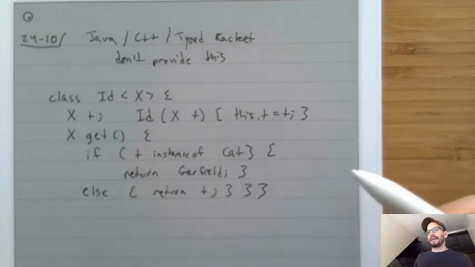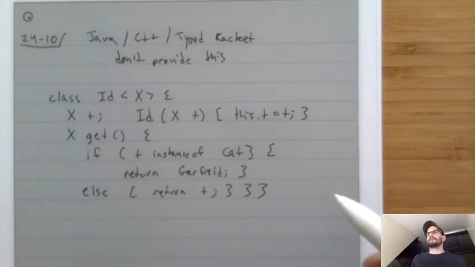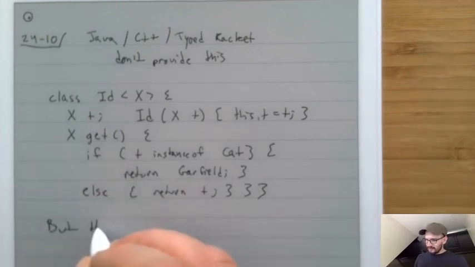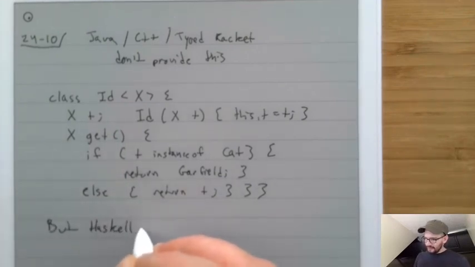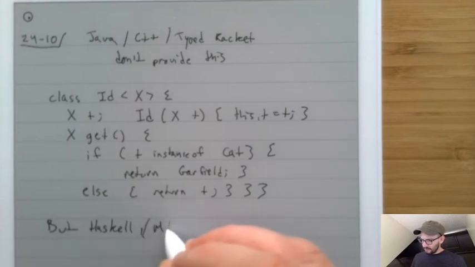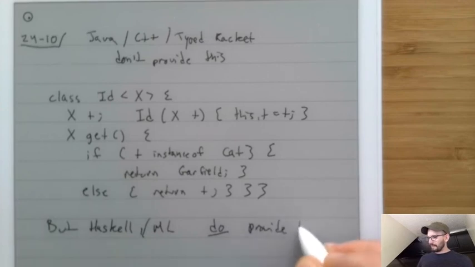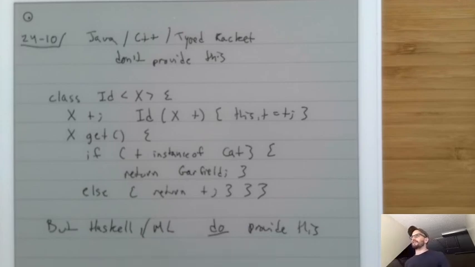And once I know what kind of thing it is, then I can do stuff to it. C++ has the same feature, and so does typed racket. But languages like Haskell and ML do provide this. And it's a very valuable property for reasoning about your programs, because you know what kinds of things they're going to return. All right, so that's enough for today.